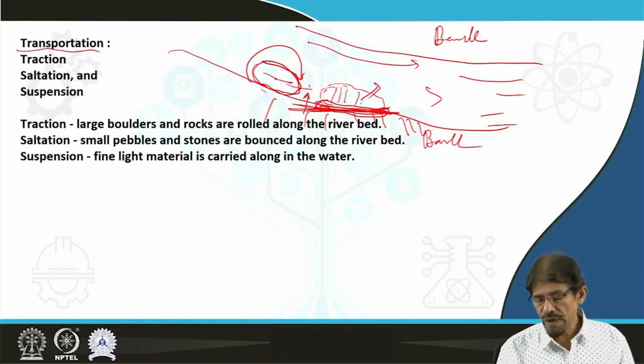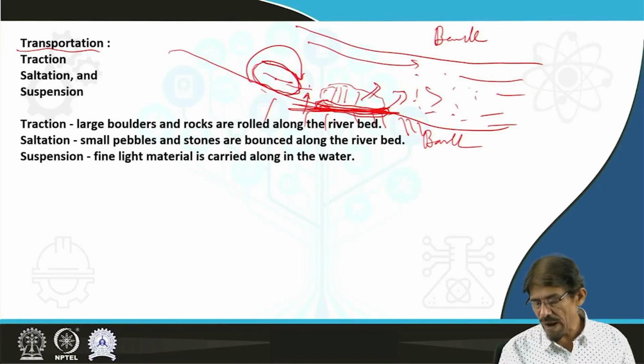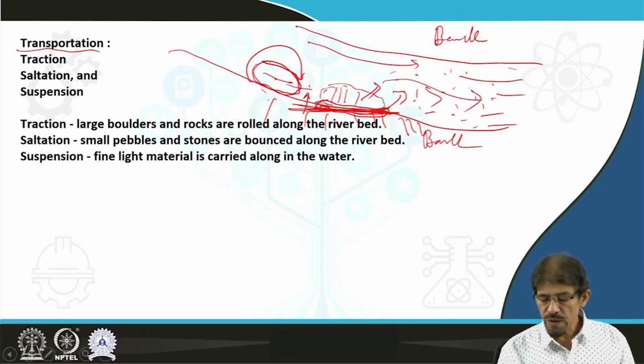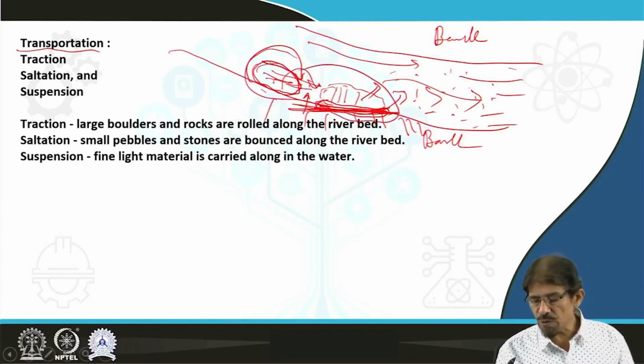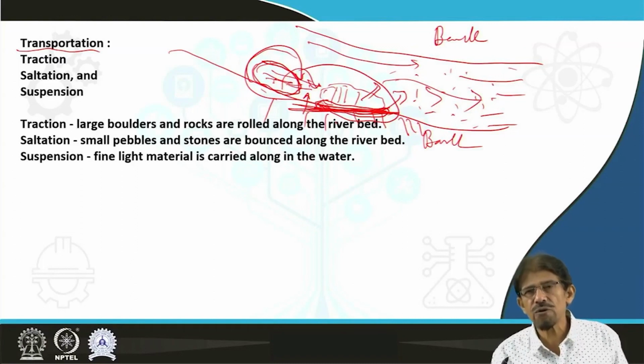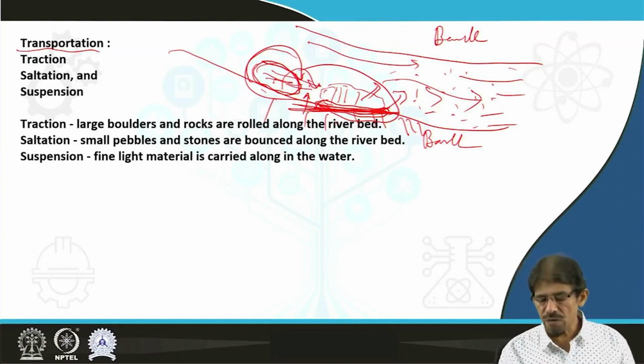The material then mixes in water in the form of finer components, sand size or silt size, and moves downside. So rolling, sliding, and partial bouncing, not more, represent traction. Traction during transportation is also related to the interaction of water and rock.